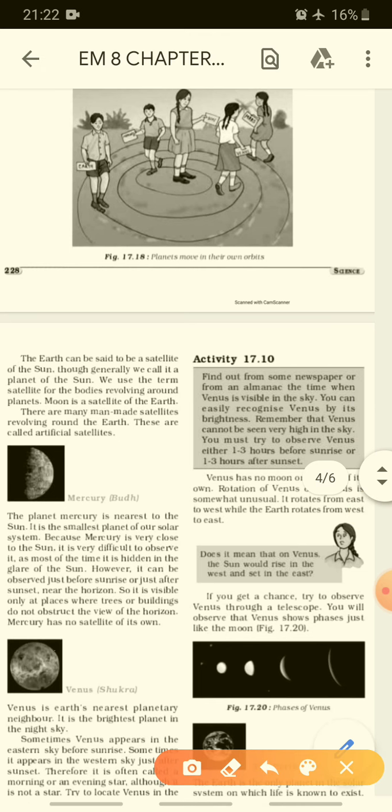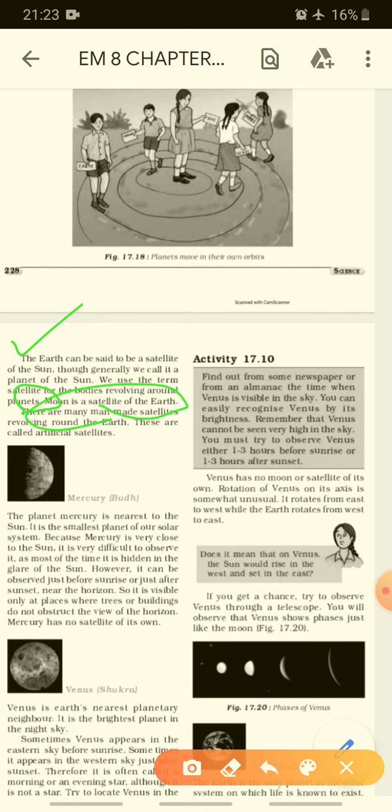Next, the Earth can be said to be a satellite of the Sun. Though generally we call it a planet of the Sun, we use the term satellite for the bodies revolving around the planets. The Moon is a satellite of the Earth.